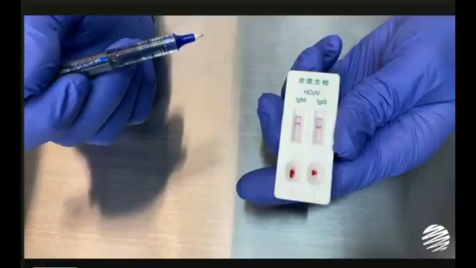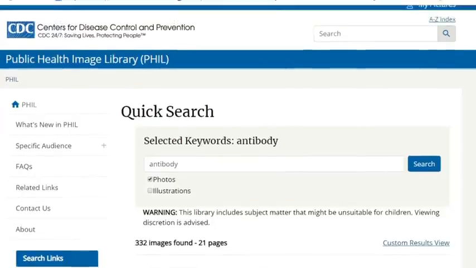How do you know what antibodies look like? Let me see if I can find one under an electron microscope. The CDC must have some images of antibodies.